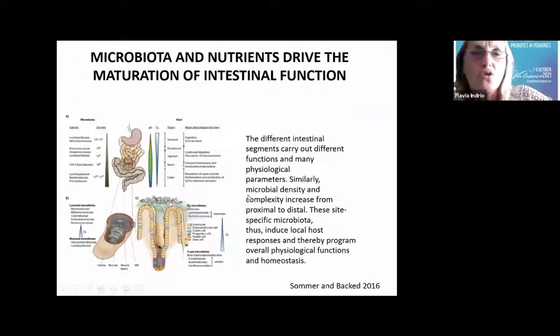Okay, just to go straight ahead to the intestine and the microbiota. This is a paper that was published some years ago, by Baker and Summer. What did they find? They found, even inside the intestine, inside the crypts and the villi, different kinds of microbes. And why is this?